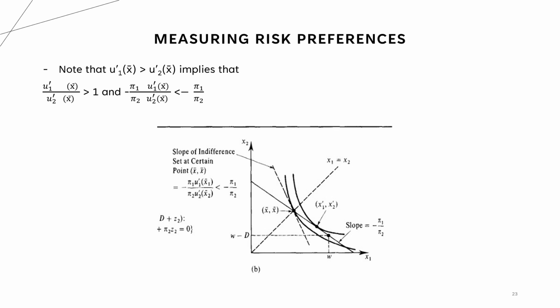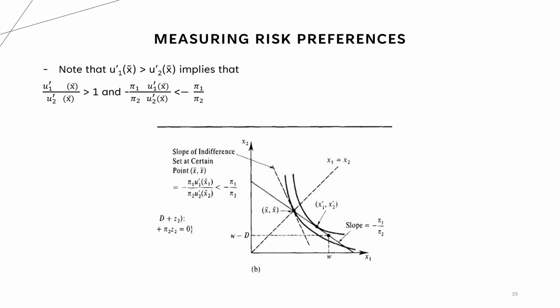So now let's take a deeper look at the implication of state-dependent utility. This slide shows that the utility in state 1 is better than in state 2, as represented by the inequality u'1(x) greater than u'2(x). This implies the decision maker prefers higher payoffs in state 1.